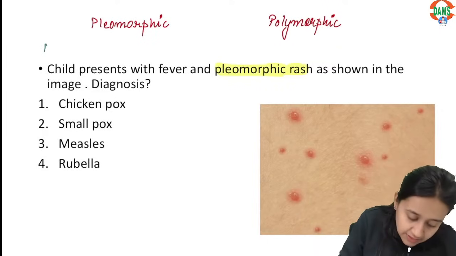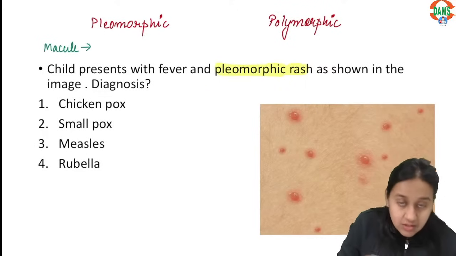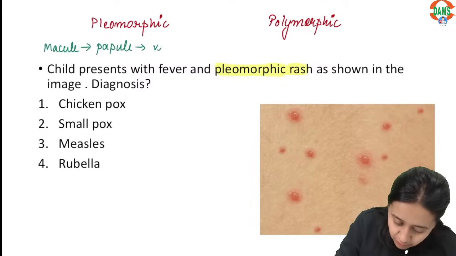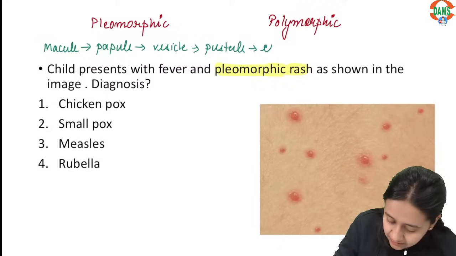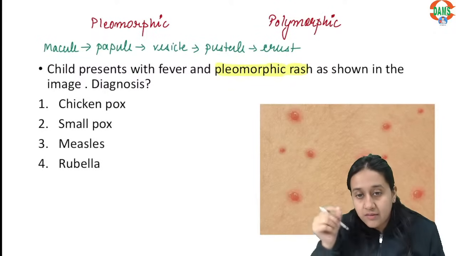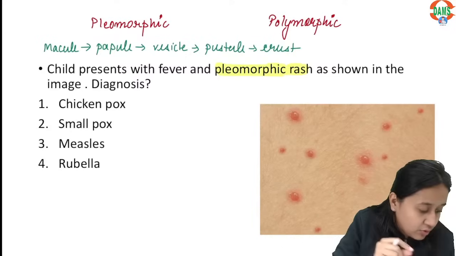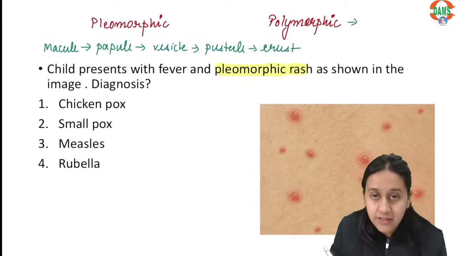For example, in chickenpox, first the patient develops a macule. That macule will form a papule. This papule will now form a vesicle. This vesicle will now form a pustule, and this pustule will have crust. So when you see that the rash is converting from one morphology to another morphology, this is known as pleomorphic, different stages.